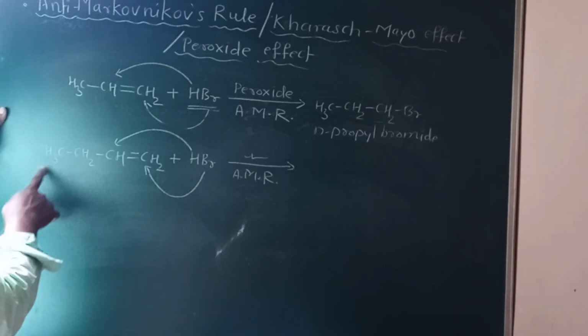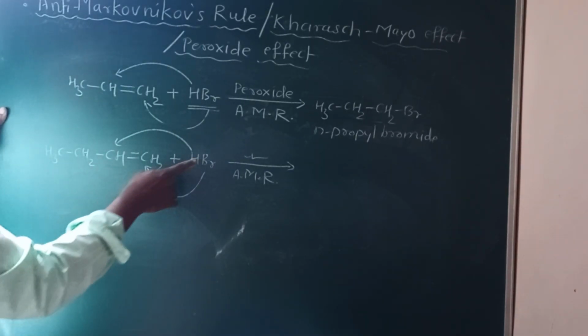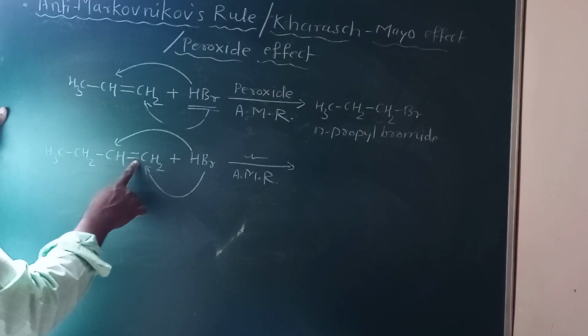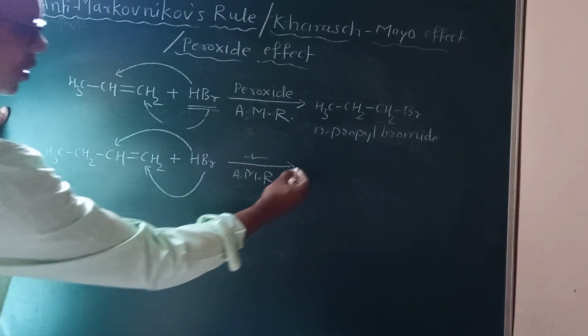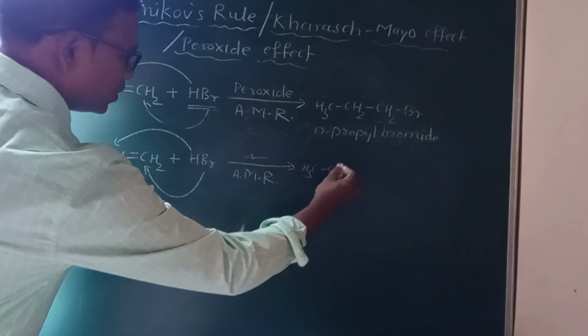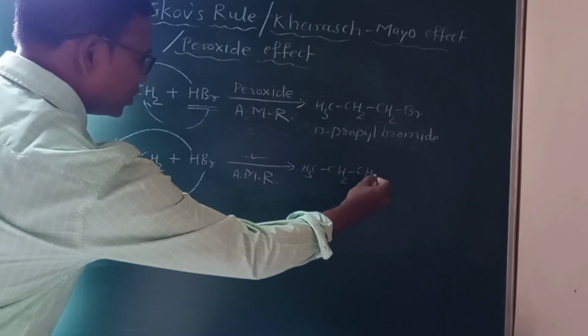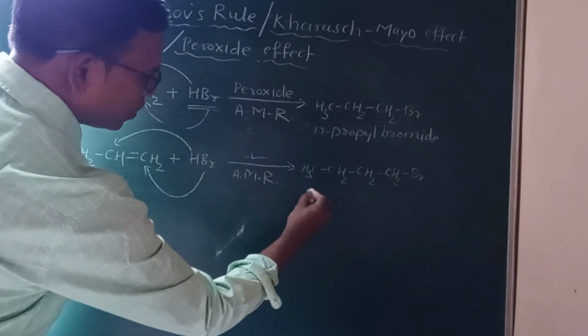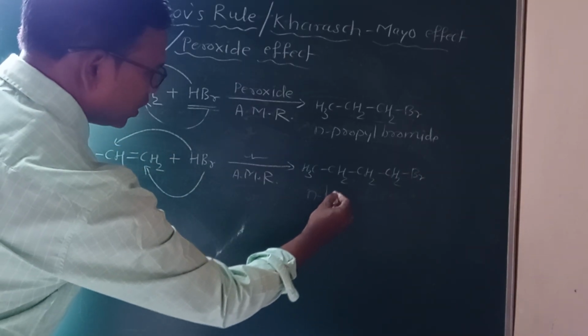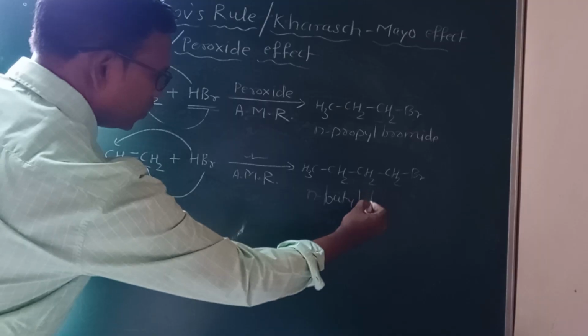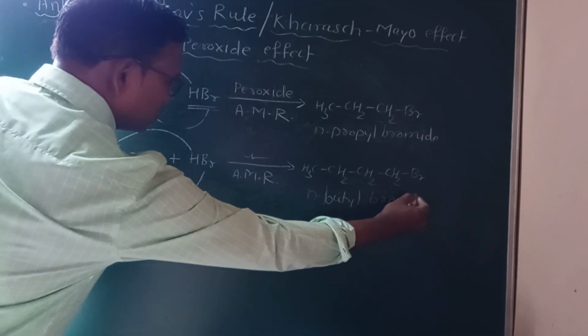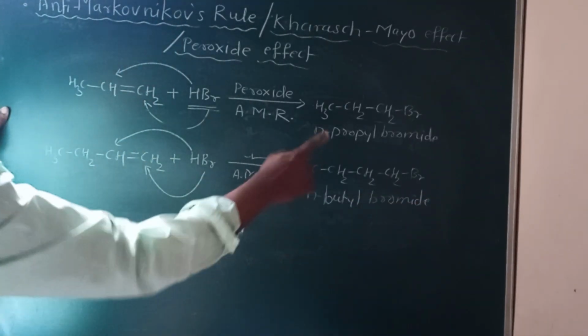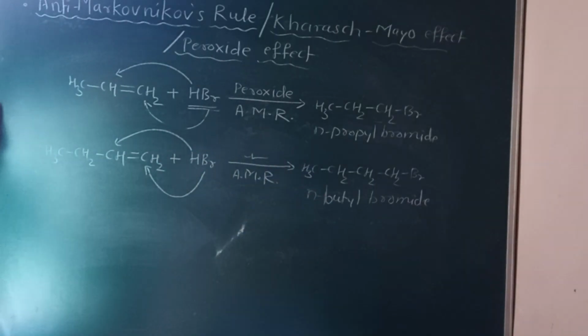We get CH3, CH2, CH2, CH2, Br. This compound is known as n-butyl bromide, whose IUPAC name is 1-bromobutane. Got it?